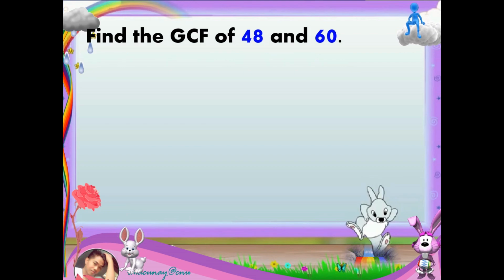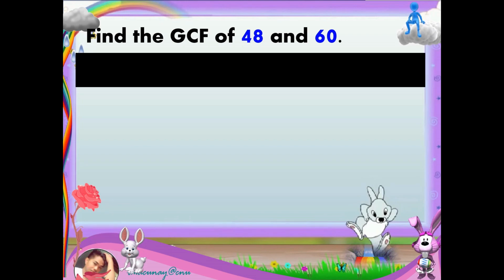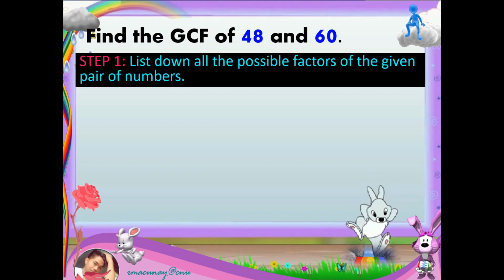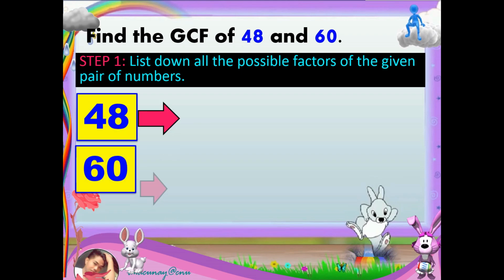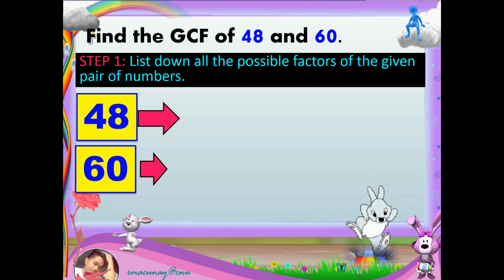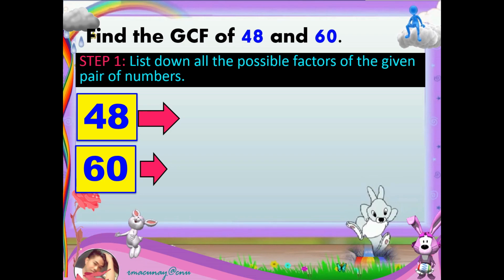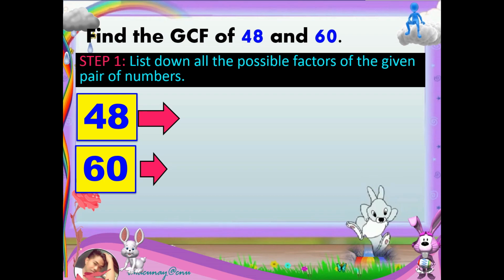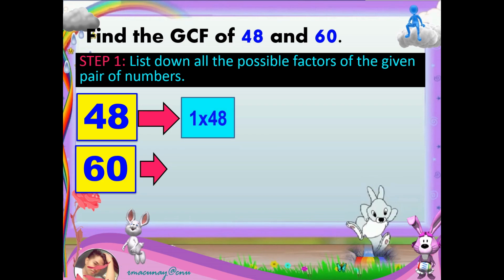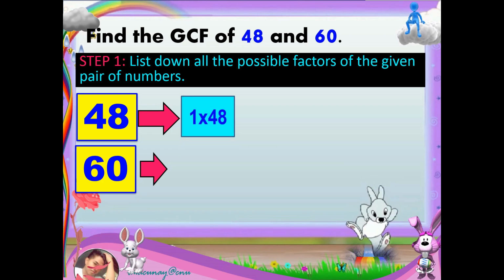Here is our solution. Since we're looking for the GCF of 48 and 60, first thing to do is, of course, list down all the possible factors of 48 and 60. To find the factors of 48, think of two numbers whose product is equal to 48. The very first pair of factors in any number is always 1 and the number itself.